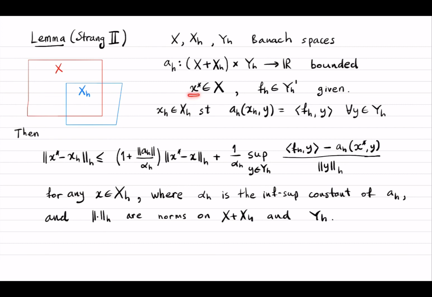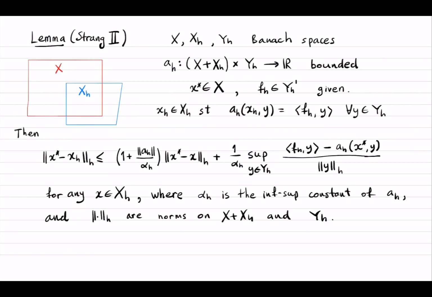And we consider that there is an element x star in X which represents the exact solution, but in this lemma we don't need to look at the equation itself. So we just need one element x star, and we need an approximate right-hand side f_h, and we need the discrete solution x_h satisfying this discrete equation.